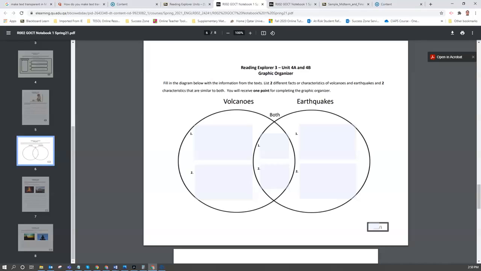Okay, so for example, here you're going to write one thing that's the same about volcanoes and earthquakes, and one here that is also the same with volcanoes and earthquakes. And here we're going to do something that only describes a volcano, okay? And here we write a characteristic that only describes an earthquake.